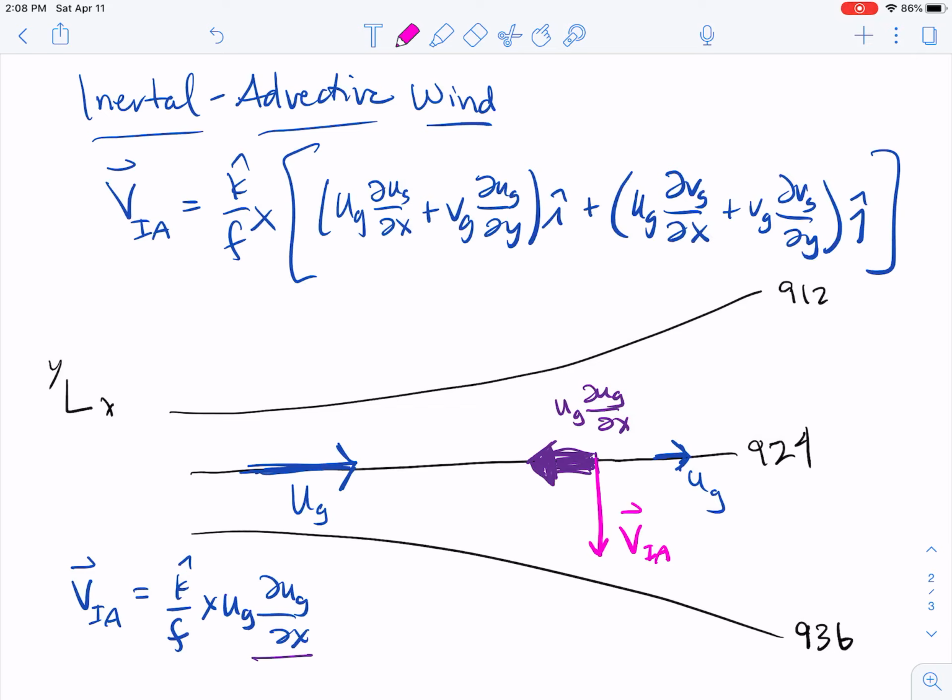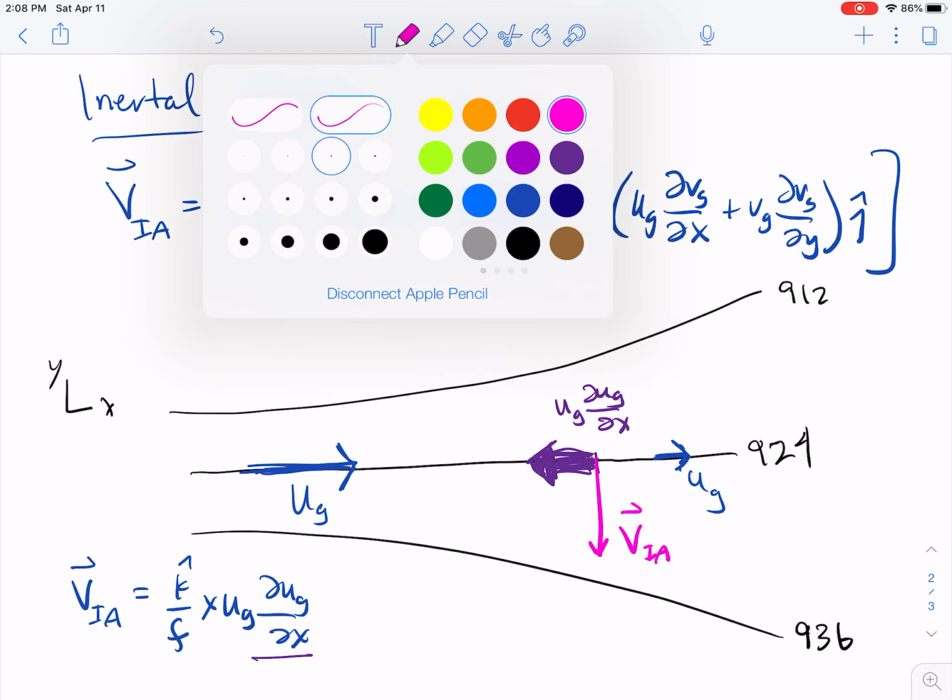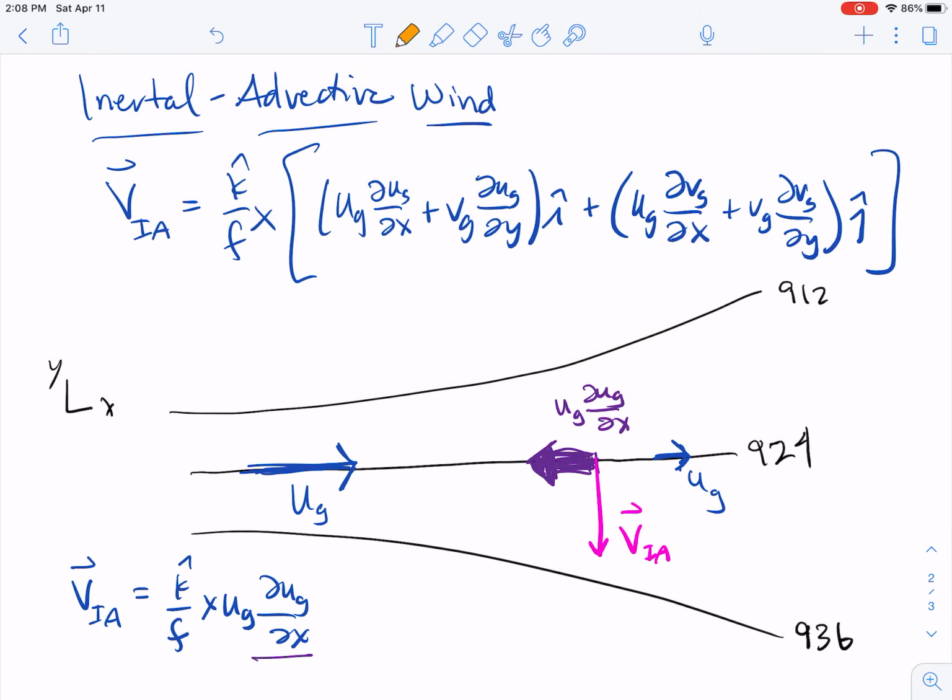This is going to be most pronounced right along this 924 line. What that ends up meaning is that we are going to get convergent flow to the south and divergent flow to the north according to our ageostrophic wind.